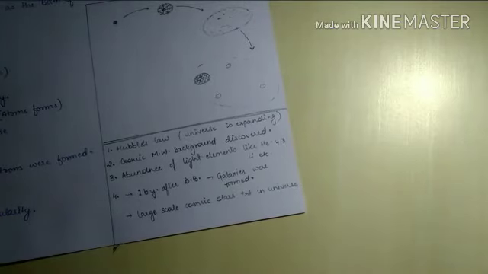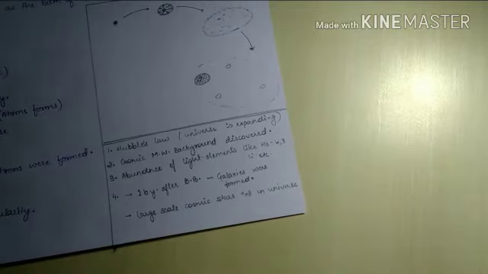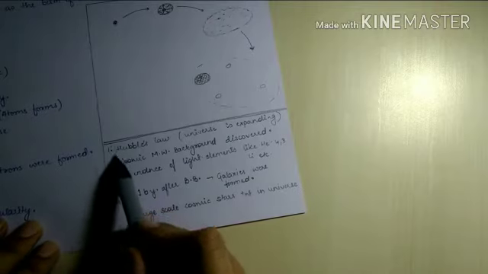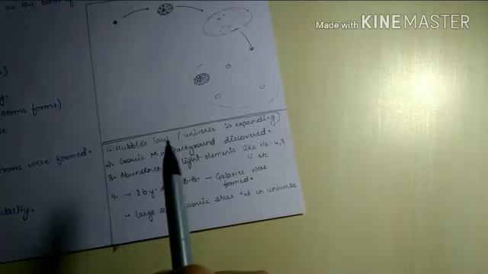Scientists believe that there are pristine clouds of primordial gases which are now also forming some cosmic stars, etc. Okay, so these are the four pillars which give us the evidence in favor of the Big Bang theory.